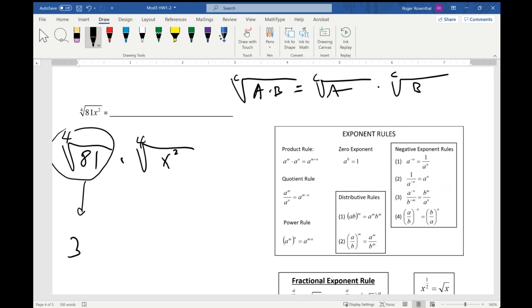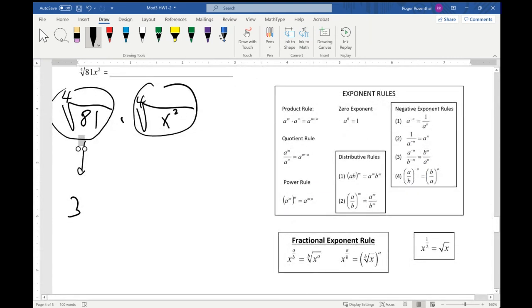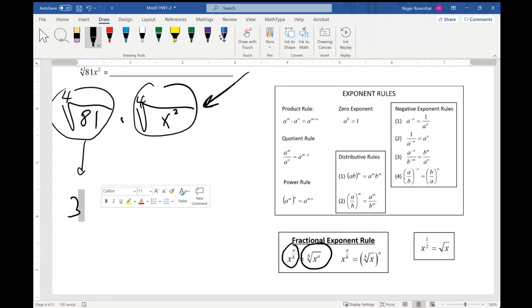Okay, let's look at this. Remember our fractional exponent rule. If you have something that looks like that, and that's what we've got, you can rewrite it without the radical by making a fractional exponent. So this is equal to x to a power.